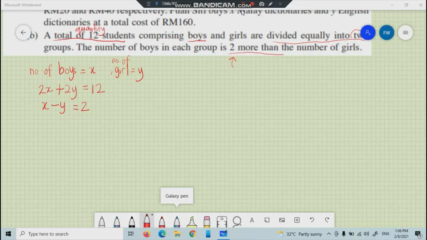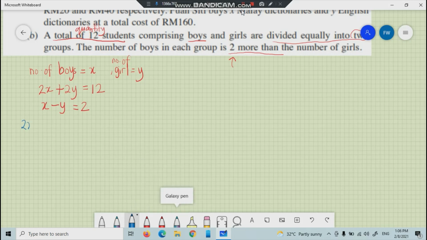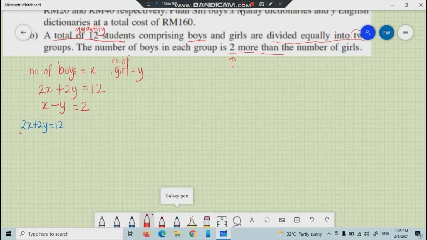Next step, we need to create our simple table. So the first equation is 2x plus 2y equal 12. Here we can simplify our equation, where we can divide by 2 to make our calculation easier.